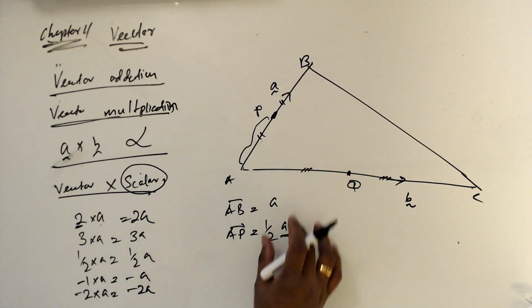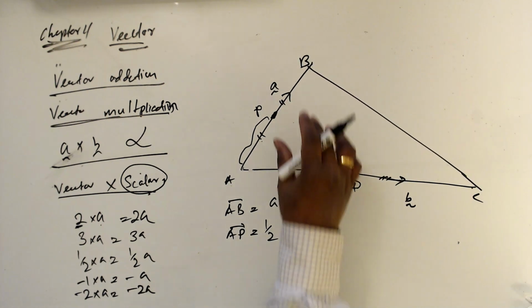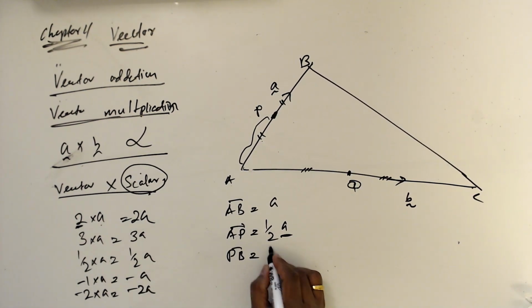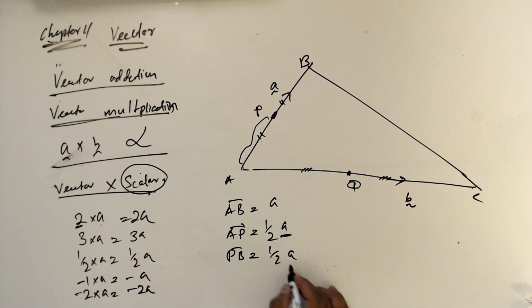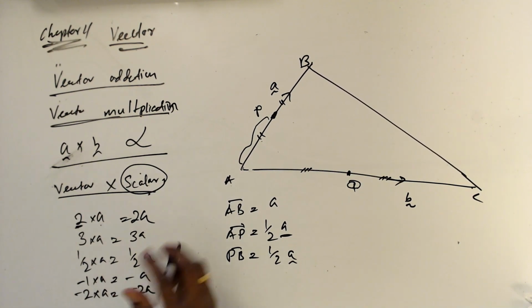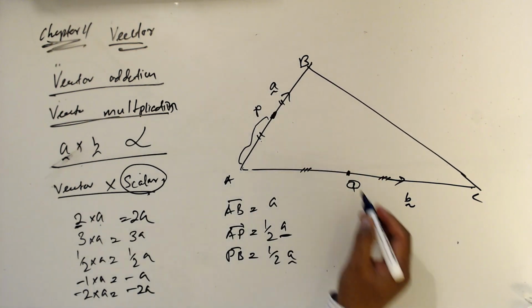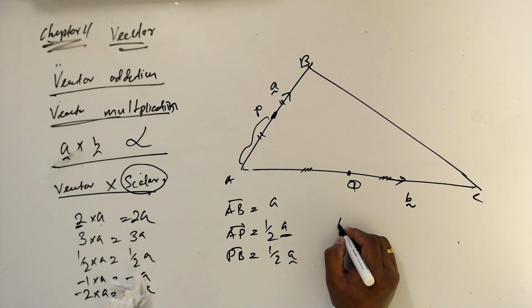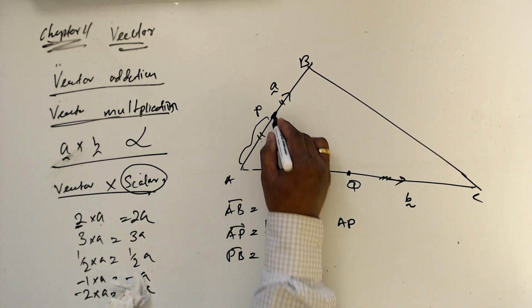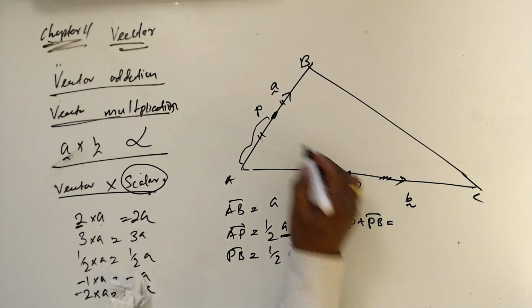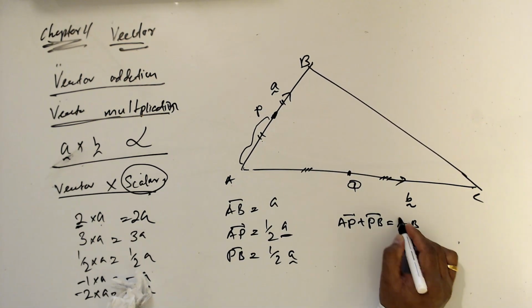So AP is half of A. Same as PB. What is PB? PB is also half of A. So I'll give the proof for this one. AP plus PB is AB.